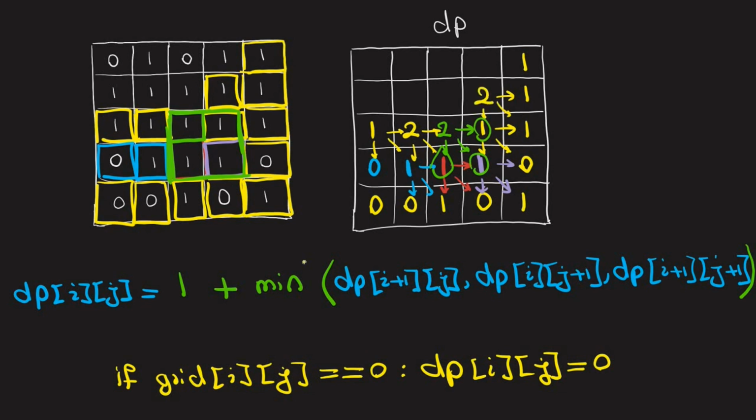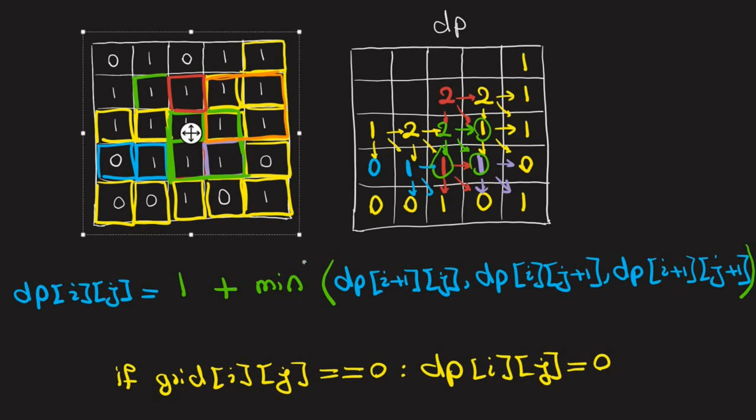I have 2 here, and this is true. You can for example check that this is gonna create a 2 by 2. Okay, let's consider another one, this one. So on the right side is 2, diagonal is 1, down is 2, so I can have minimum as 1 plus 1 is 2. So this one is 2.